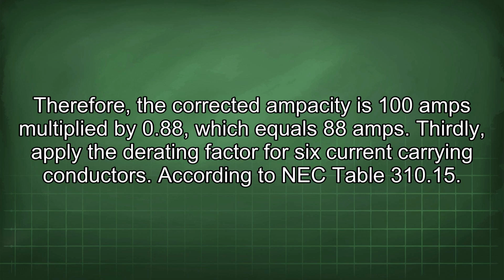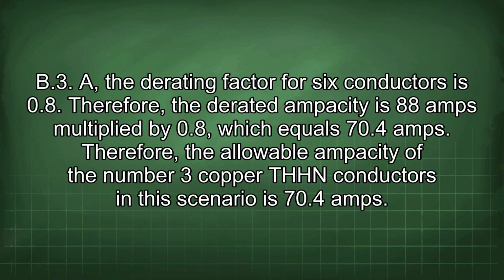According to NEC Table 310.15, the derating factor for 6 conductors is 0.8. Therefore, the derated ampacity is 88 amps multiplied by 0.8, which equals 70.4 amps. Therefore, the allowable ampacity of the number 3 copper THHN conductors in this scenario is 70.4 amps.